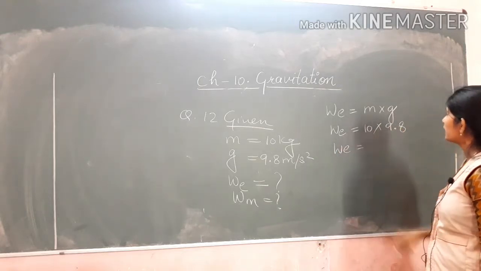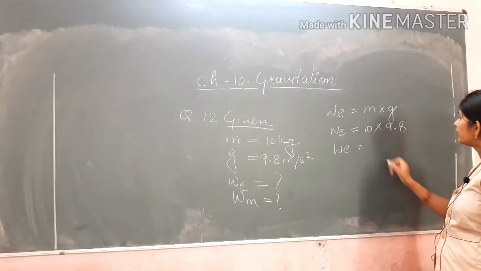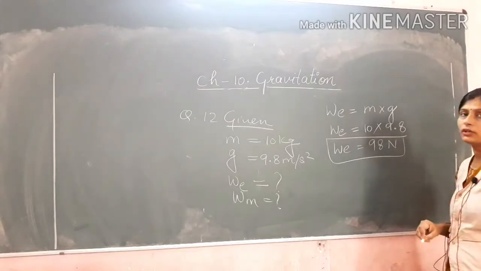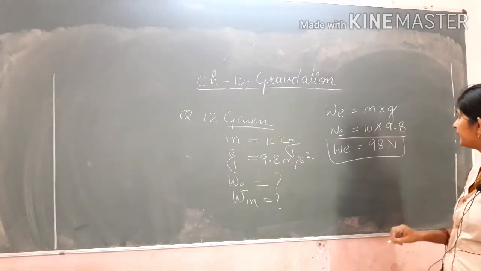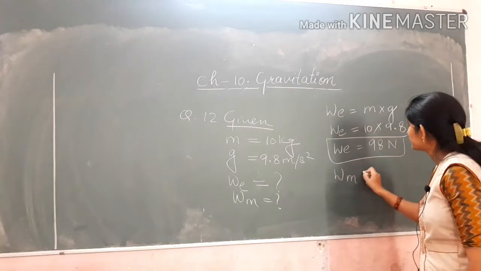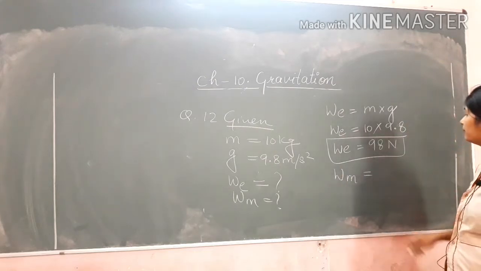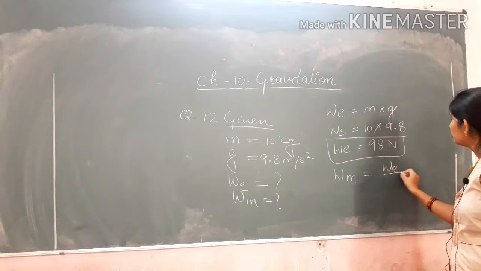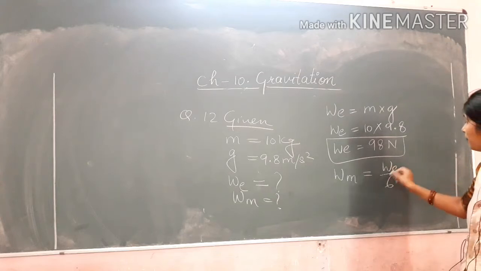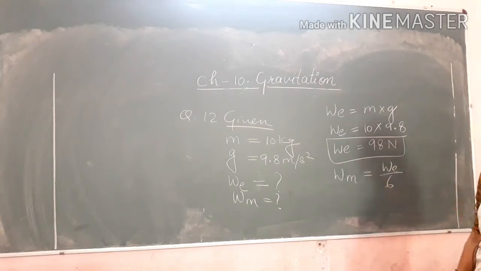Now, what is the product of 10 and 9.8? It is 98 Newton. So weight of the object on the surface of earth is 98 Newton. Now, what is the weight of this object on the surface of moon, WM, is equal to WE upon 6, means whatever weight the object has on the surface of earth, that becomes 1/6 on the surface of moon.